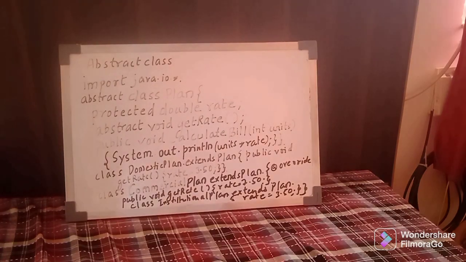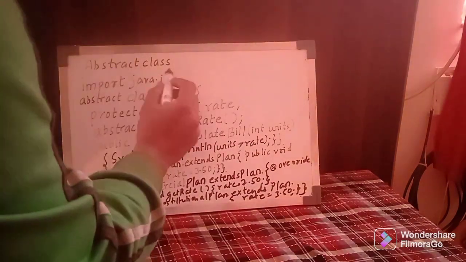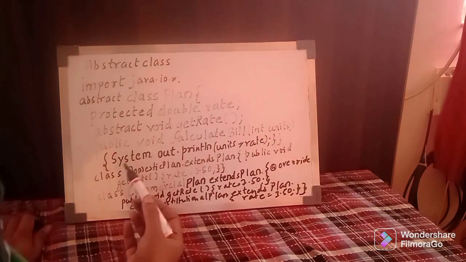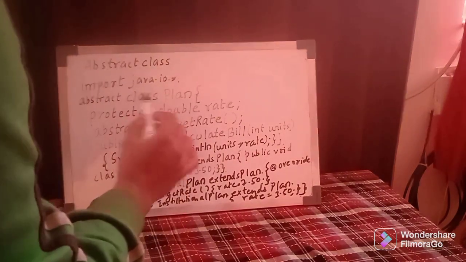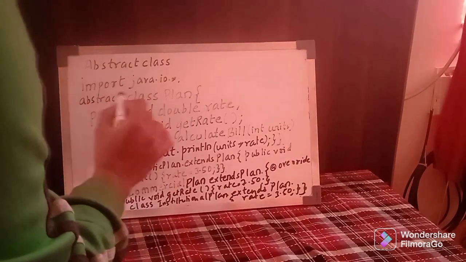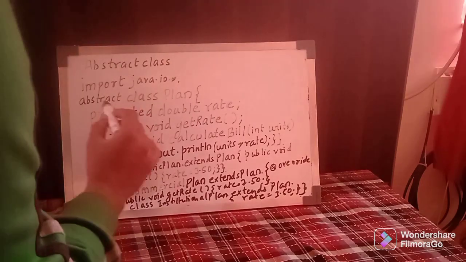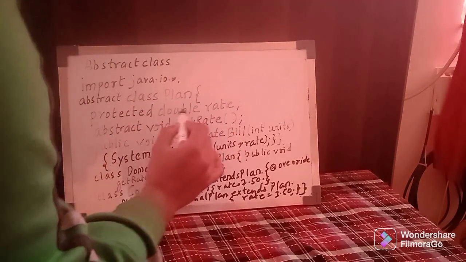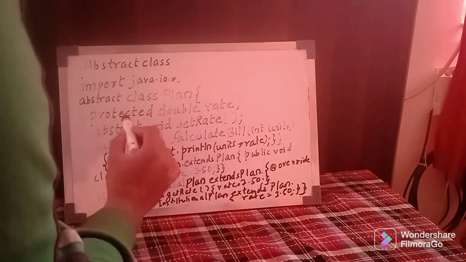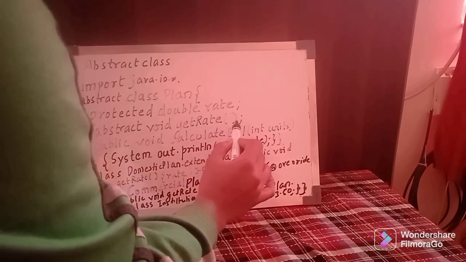So let's further extend the explanation of the creation design patterns. See here, we are defining the abstract class plan. First is import java.io, that is Java input output, then abstract class plan, and there is one data member of double type, that is rate: protected double rate, and abstract void get rate function.